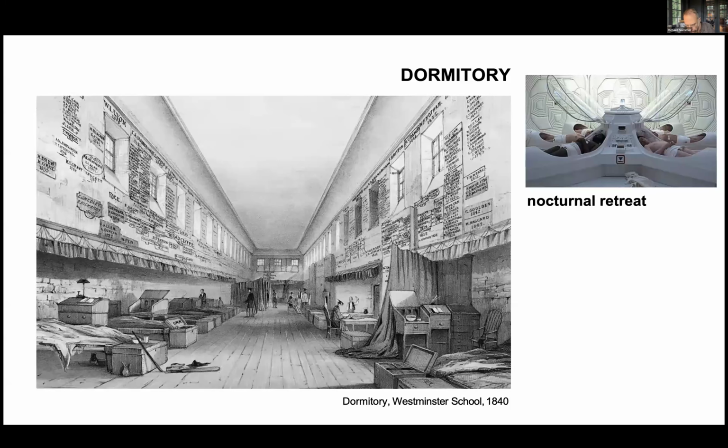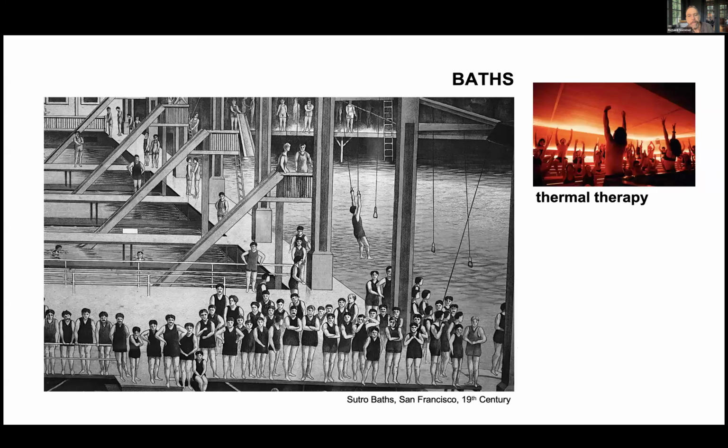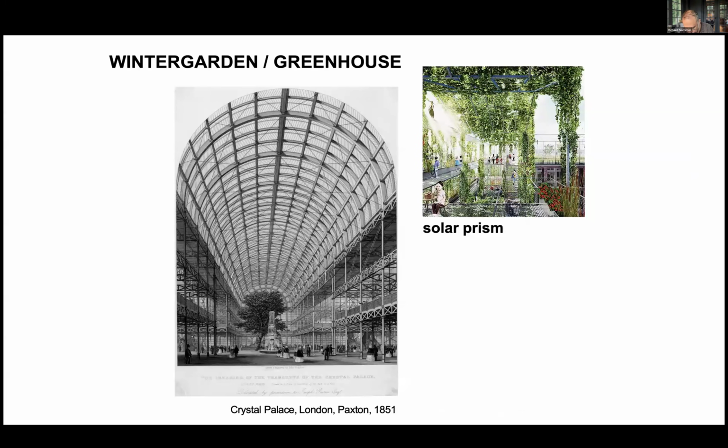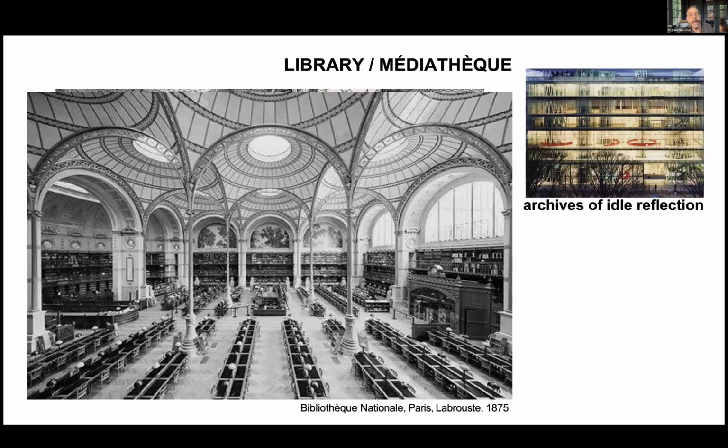And this will include the dormitory, the gymnasium, the bath, the study hall and the classroom, the winter garden and greenhouse, the kitchen and refectory, and the library and mediatheque.